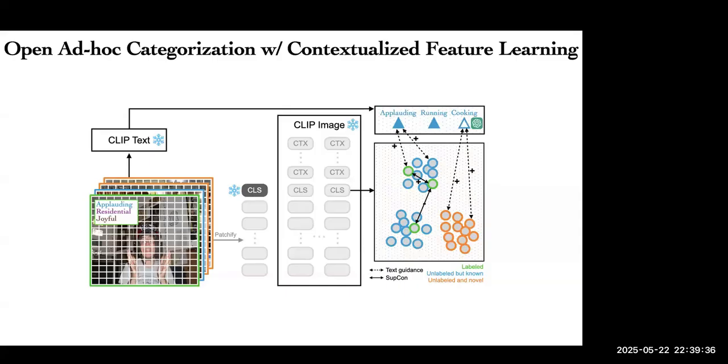Our idea, just like in cognitive science, the idea of ad hoc categorization is it needs to build on top of the general categorization capabilities you already have. So we are going to base this on CLIP. We don't touch CLIP in terms of the text encoder and the image encoder. Nothing changes, okay? At the output end, you have two types of supervision.